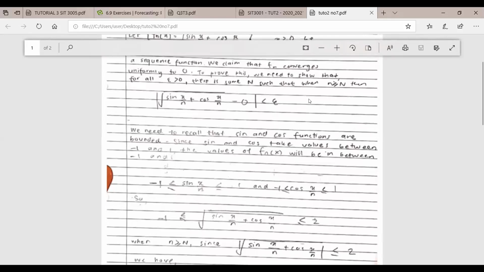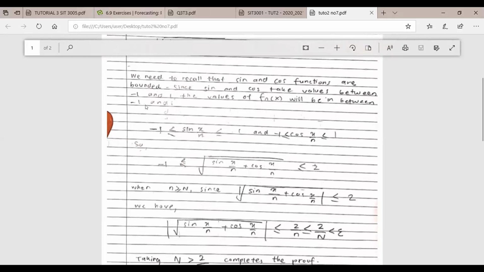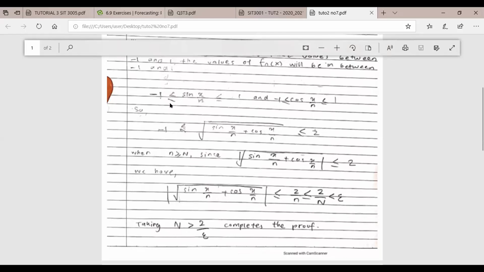Then we need to recall that sine and cos functions are bounded, since sine and cos take values between -1 and 1. So the value of f_n(x) will be between -1 and 1. So -1 and 1 is the bound for sine x over n, which is the same for cos x over n.